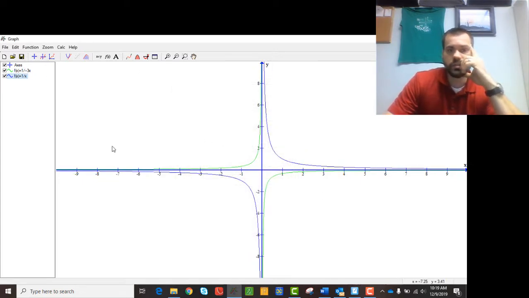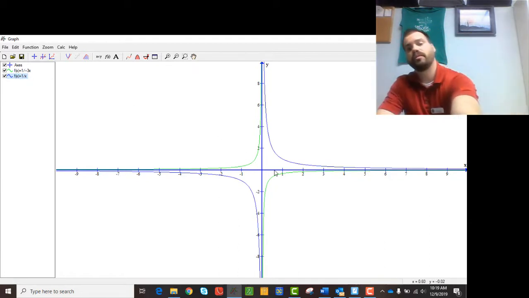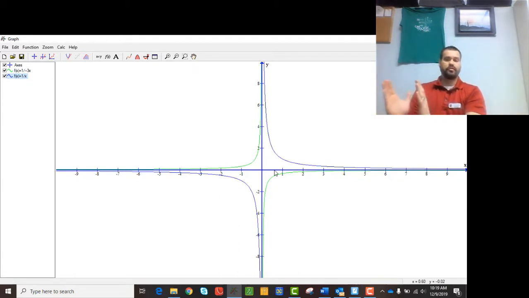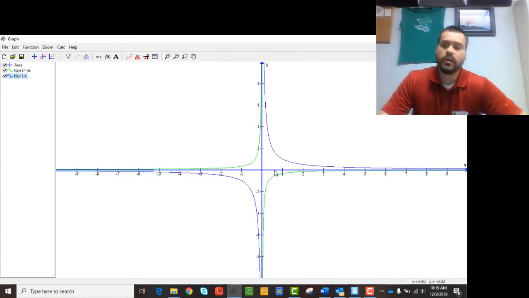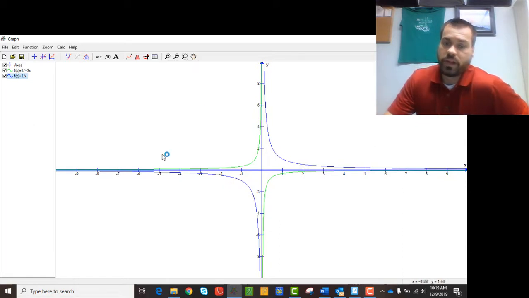Okay, so this is 1 over x, and then this is 1 over minus 3x. So you can kind of see that it's flipped, but it's flipped vertically. So it's gone from here, it flips that way. All right, and the other one is bent this way, so now it's flipping around. Okay, so that's what it means by a reflection in the y-axis.